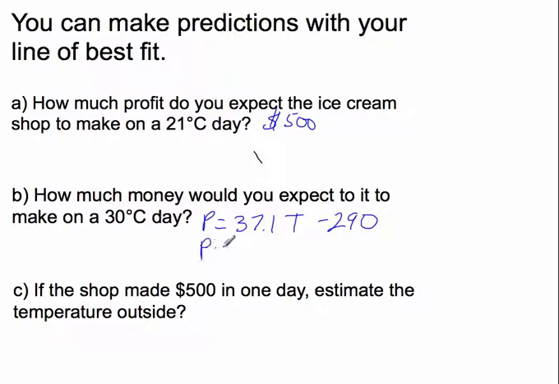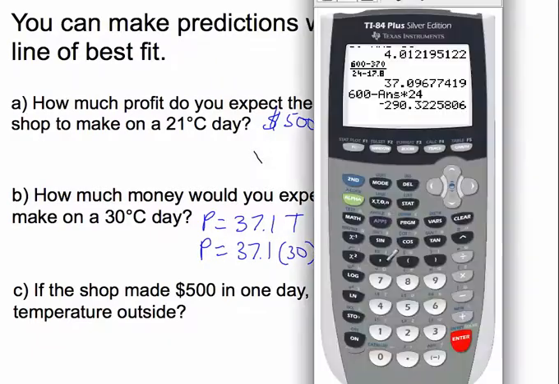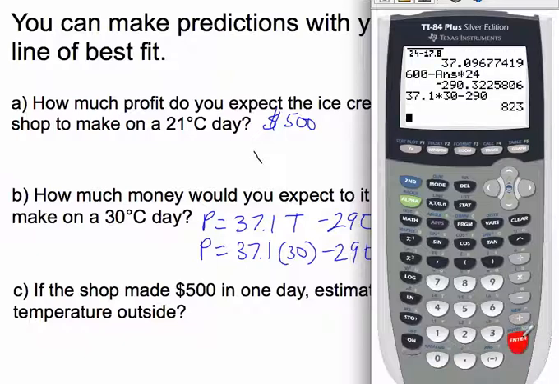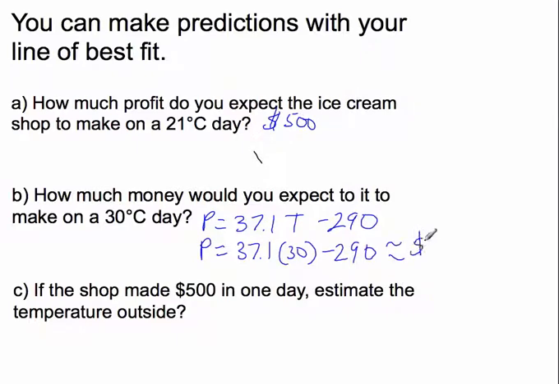So we plug in 30 degrees Celsius and work that out, and that'll be our estimate for the profit on a 30 degrees Celsius day. 37.1 times 30 minus 290 equals 823. So you expect to make about $823. The shop made $500 in one day. Estimate the temperature outside. That looks just like part A, so that's going to be about 21 degrees Celsius.